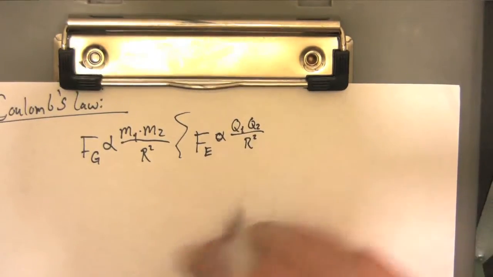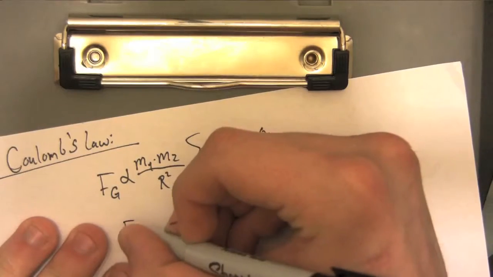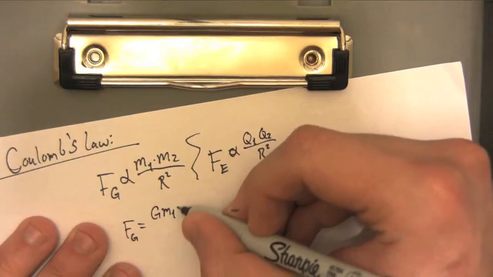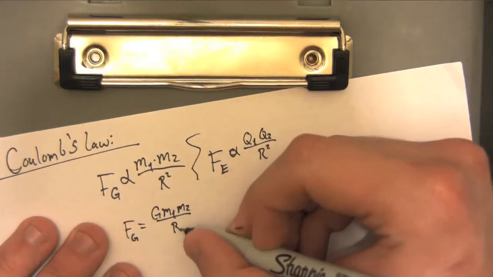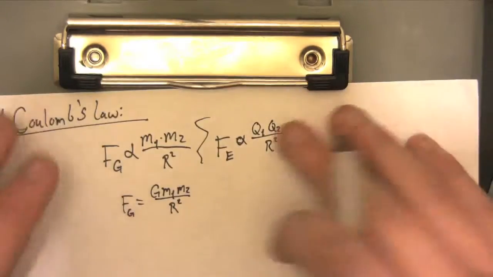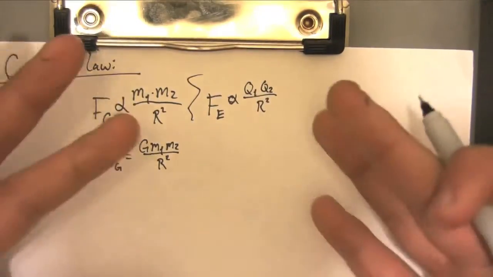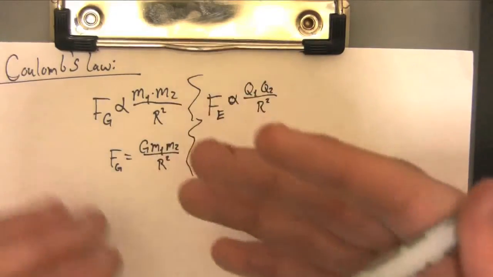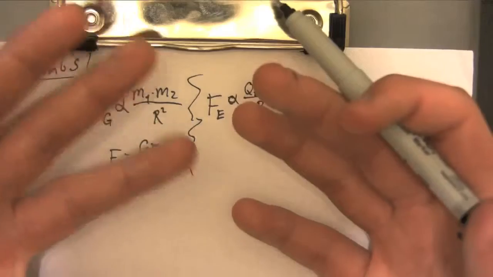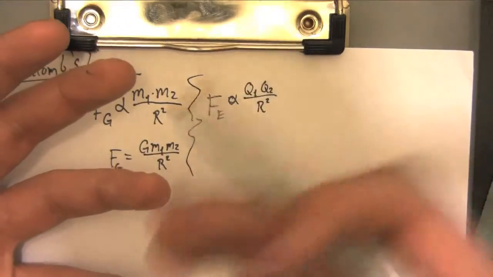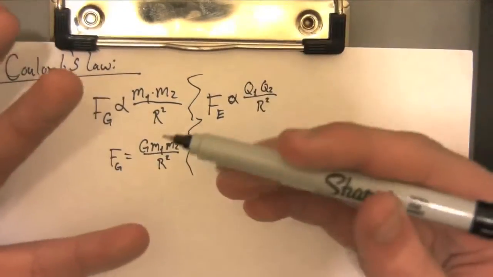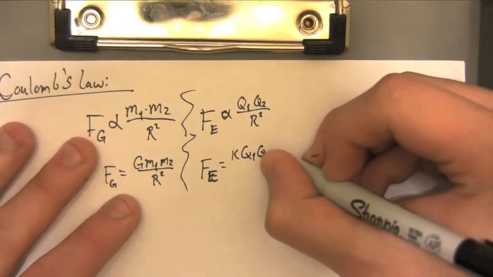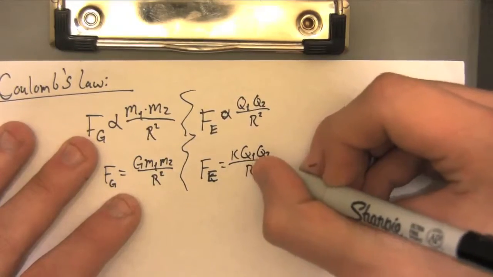The same way F sub g is equal to G m1 m2 over r squared, where G is your proportionality constant, the gravitational constant, your electrical force has its own proportionality constant that's usually written as K. So F is equal to K Q1 Q2 over r squared.